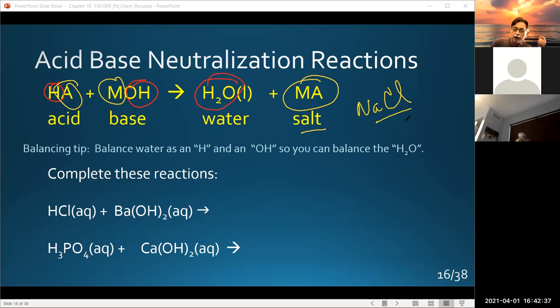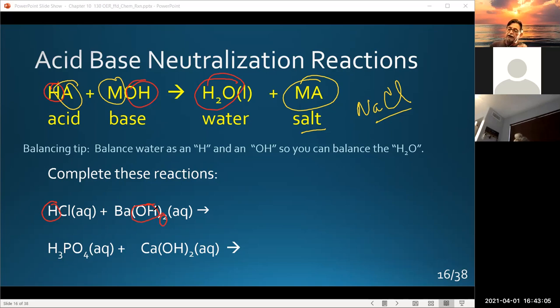So, all right, let's take a look at the first equation. Let me change the color to make sure we can contrast. First things first, we see HCl, which tells us, okay, I've got an acid. And then we've got barium hydroxide, okay? Plus we have 2 hydroxides.